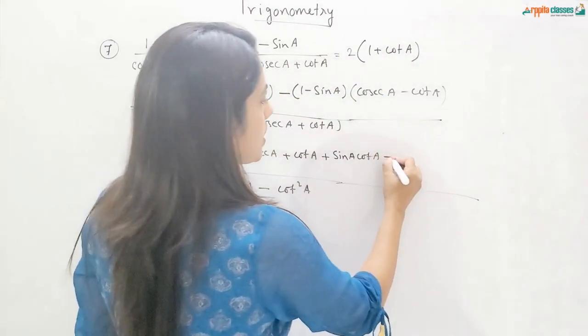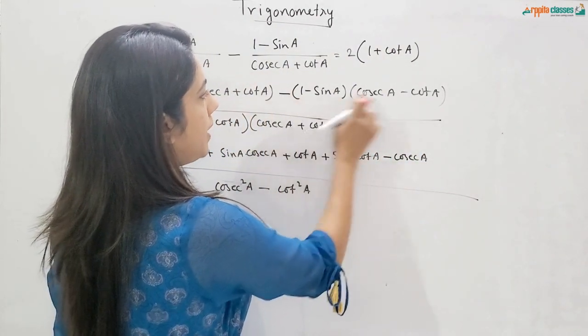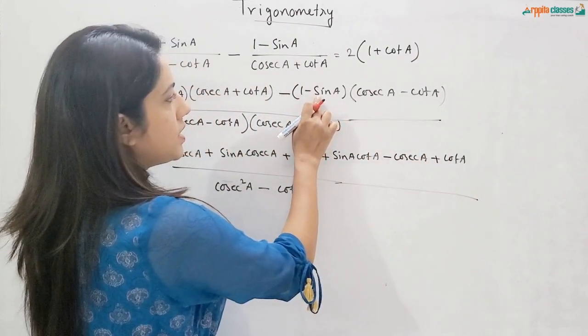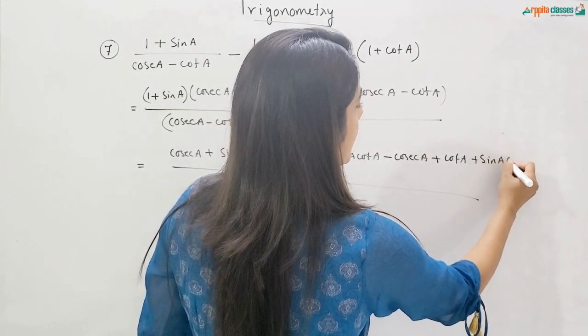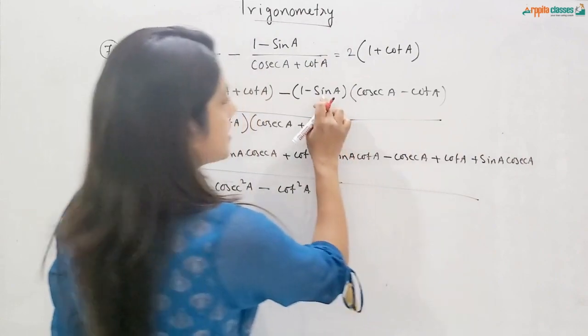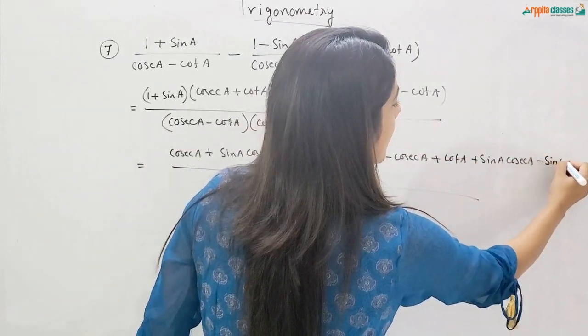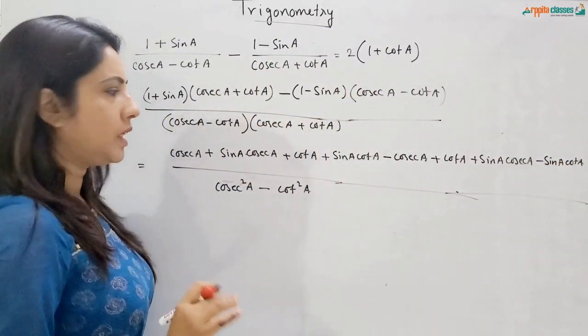Minus 1 into cosec A is minus cosec A. Minus 1 into minus cot A is plus cot A. Minus into minus sin A into cosec A, that is plus sin A cosec A, and sin A into cot A, and there will be a minus sin A cot A. So I multiplied the numerator completely.